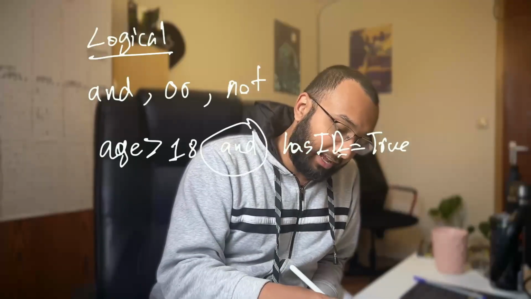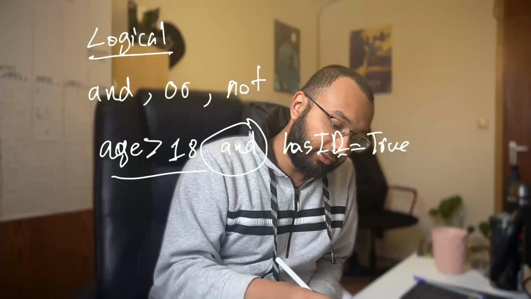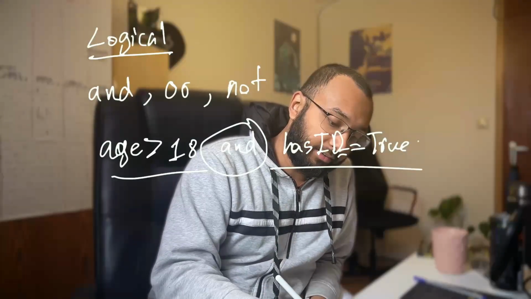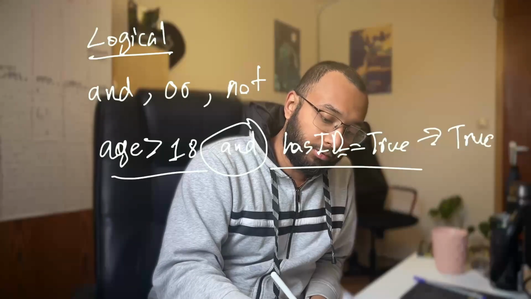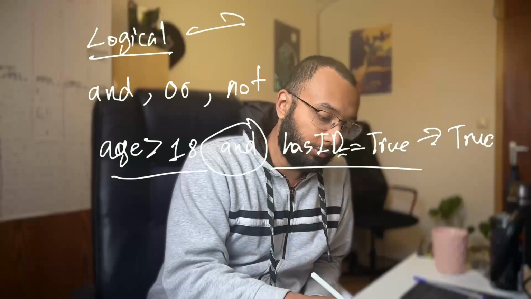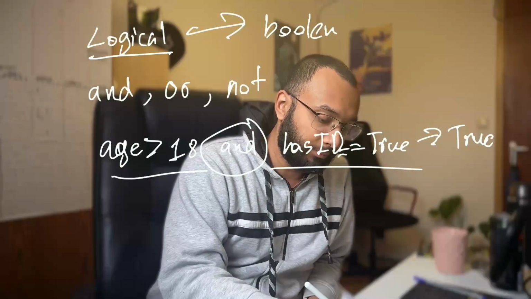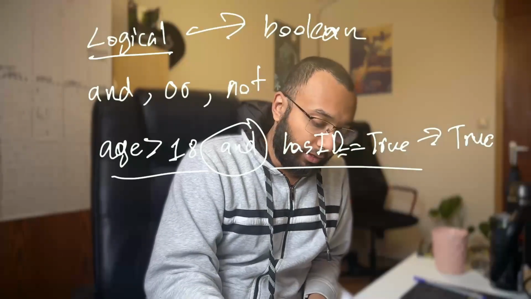So the AND is checking if this one is true and this one is true. If both are true, then the entire thing returns true. The logical operators also return only Boolean values.